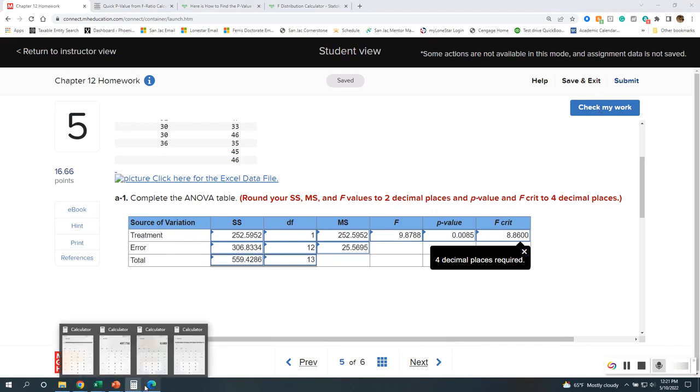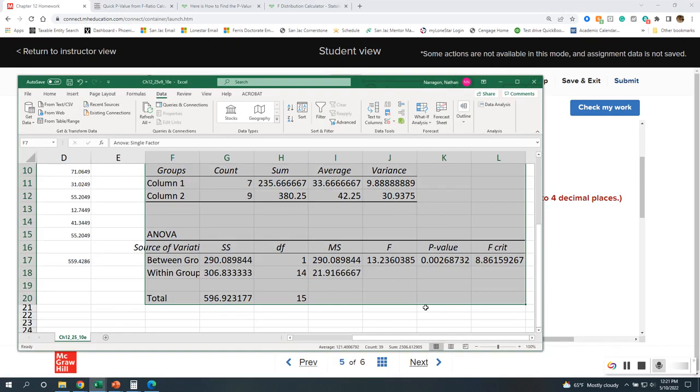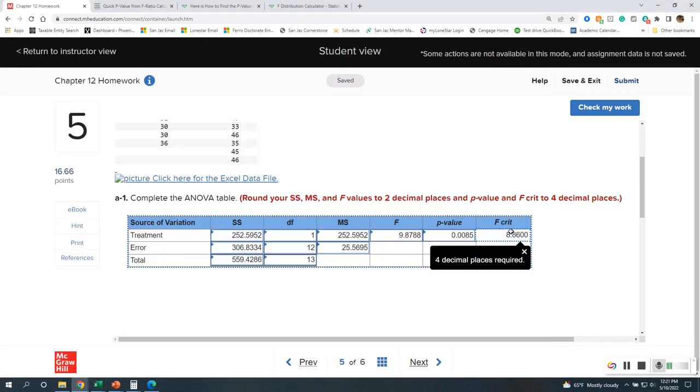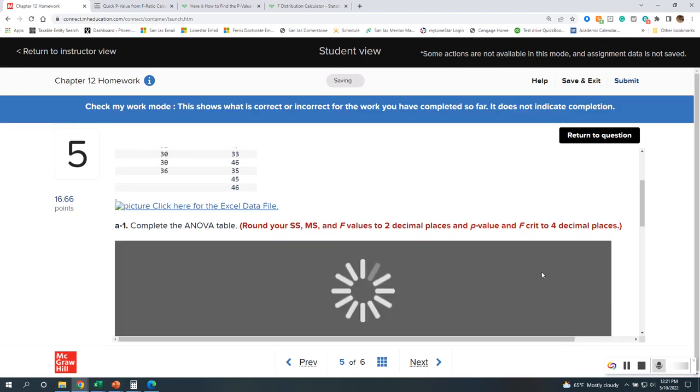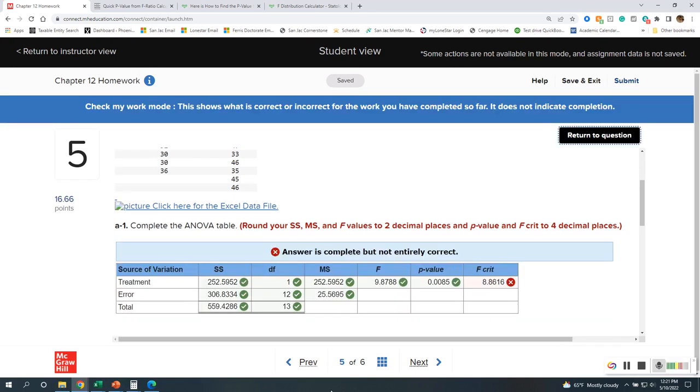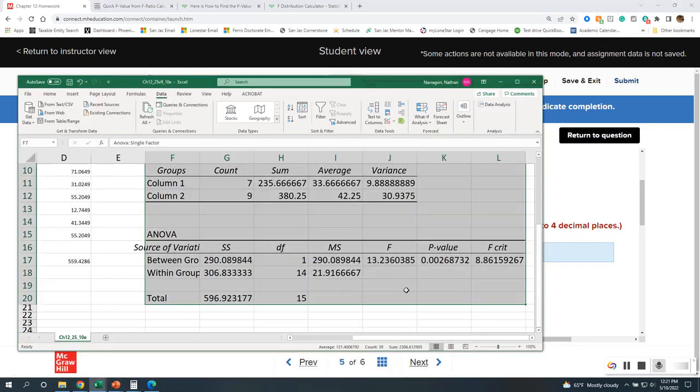Oh, 4 decimal places. 8616. Still off. Okay, so we're close. I think we're on the trail, guys.